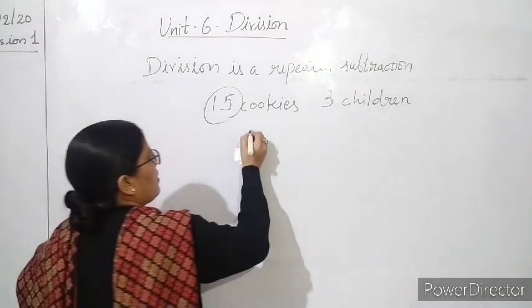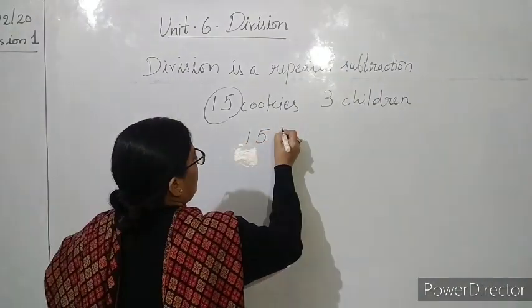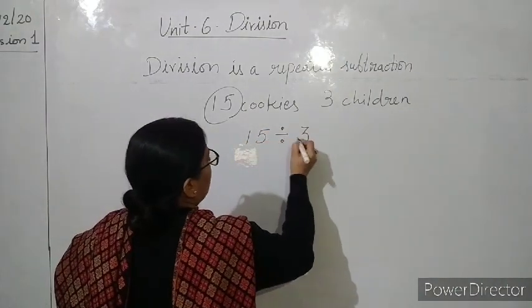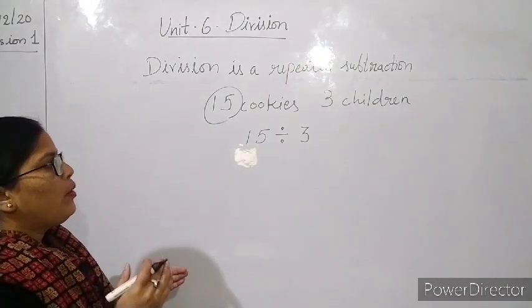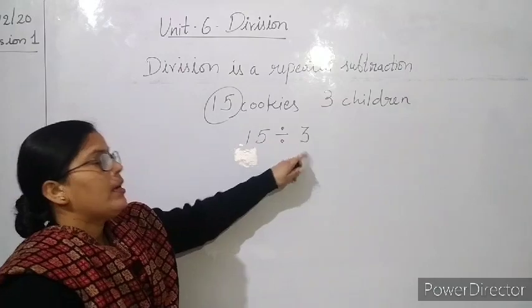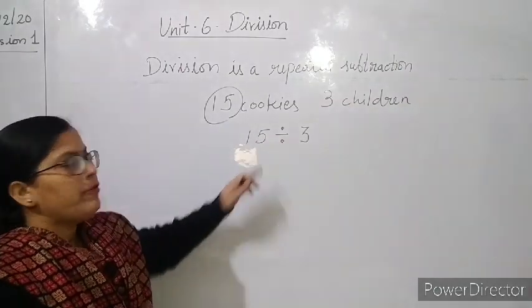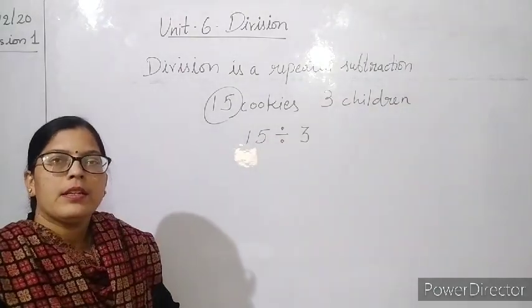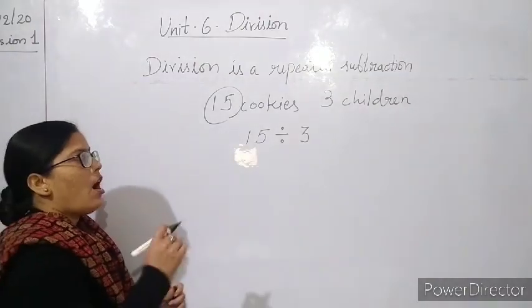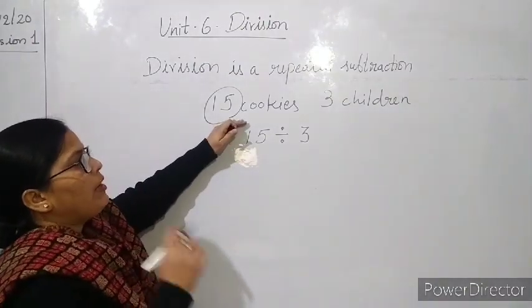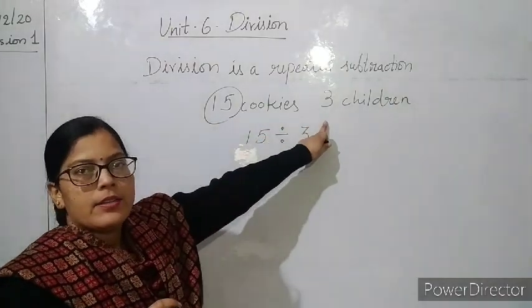How will we write this? 15 divided by 3. Now here we'll subtract 3 repeatedly from 15 till we get 0, to find out how many cookies each child will get.